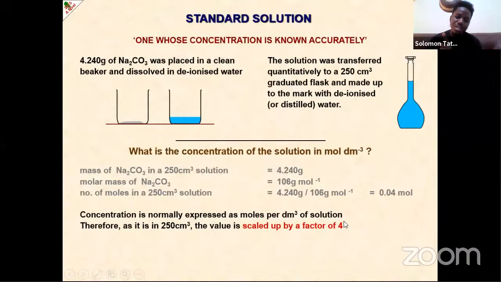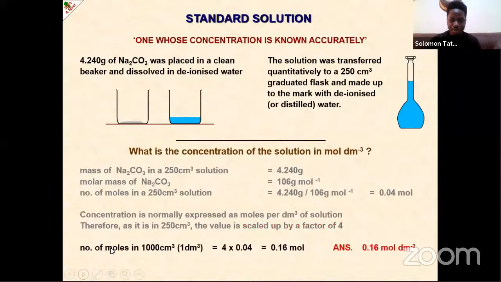So now here we are introducing the 1,000. It is scaled up by 4 because we want to accommodate the change in decimeters cubed. So therefore, the number of moles in 1,000 will be 4 times 0.04, which gives us 0.16. This is the same as you saying, 250 cubic centimeters contain this, and then what about 1,000 to contain that?